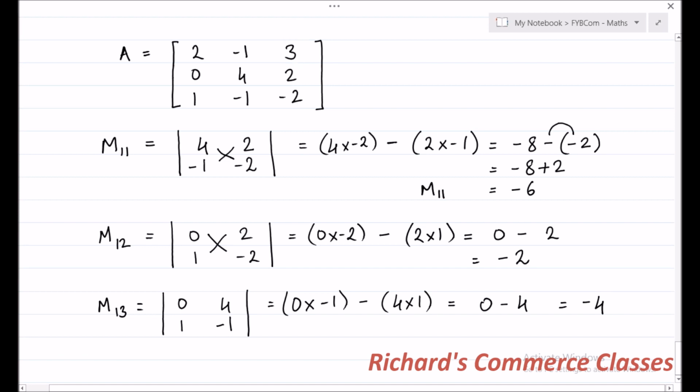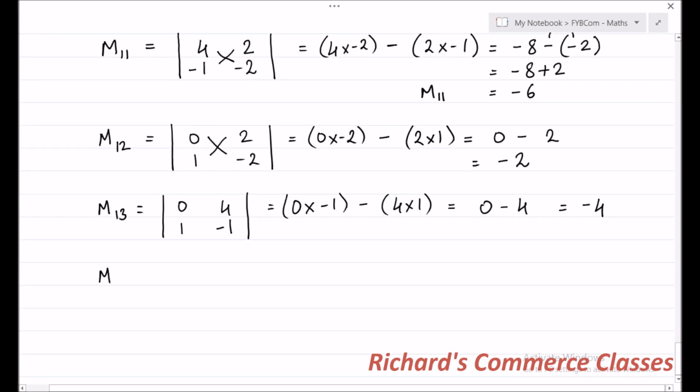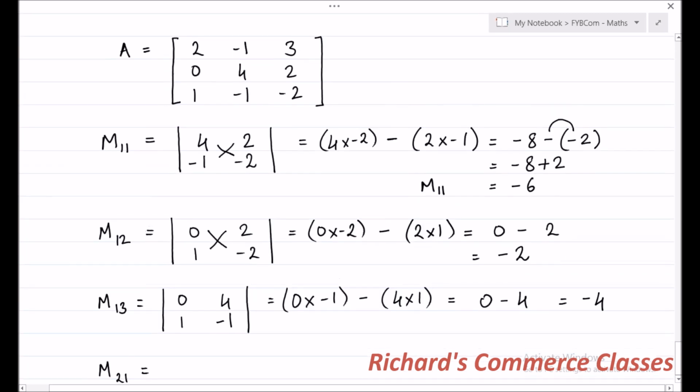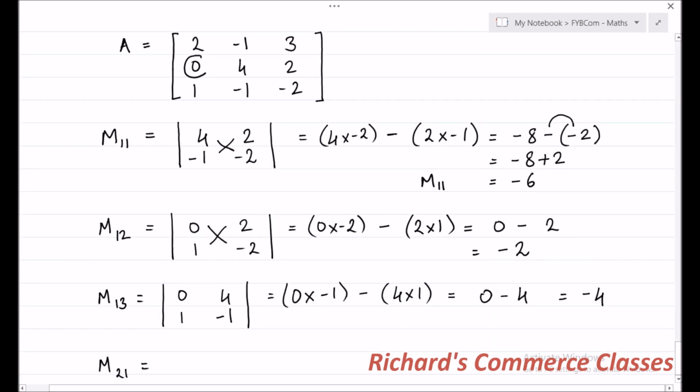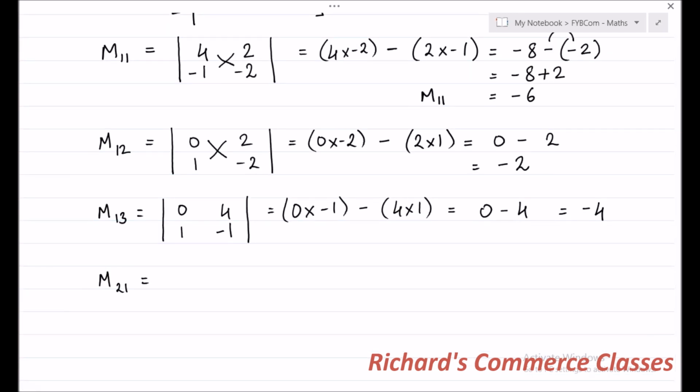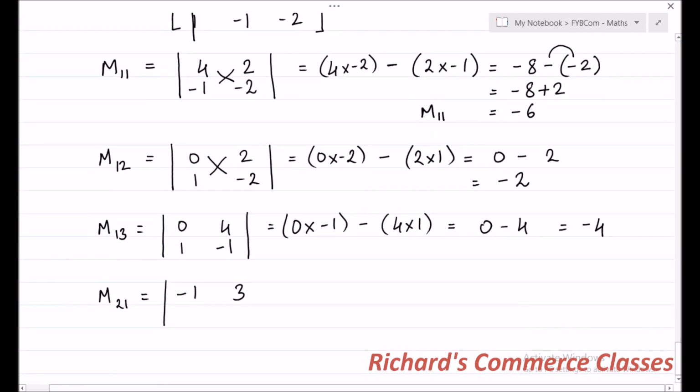First row is over. Let's move on to the next row, and that will be M21, which is the second row and the first column. So again, delete the row and the column containing this and write down the remaining elements in a square matrix 2 by 2. That will be minus 1, 3, minus 1, minus 2.